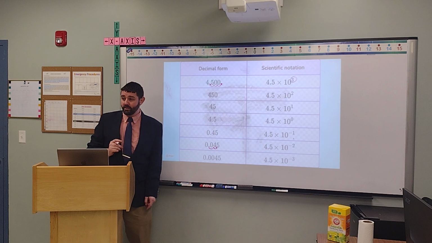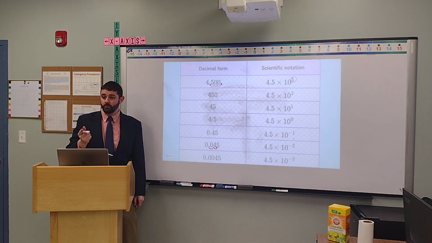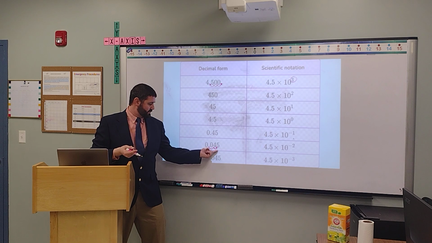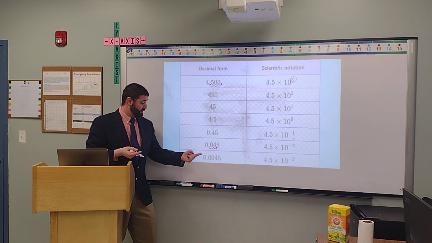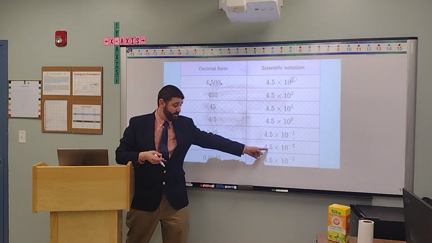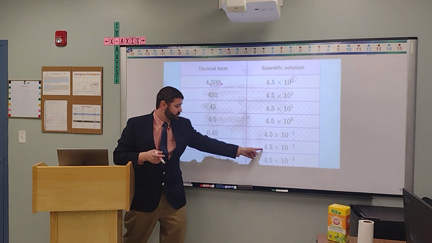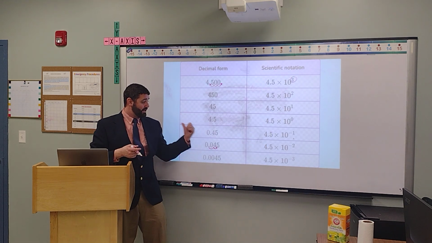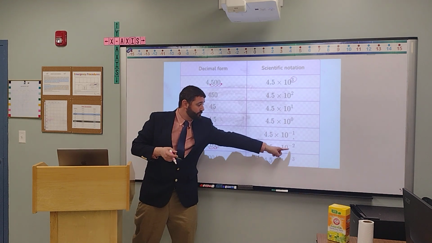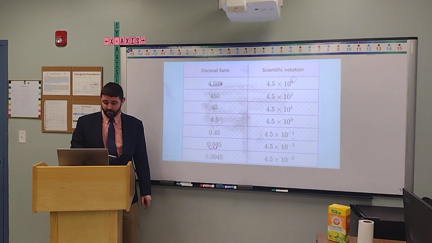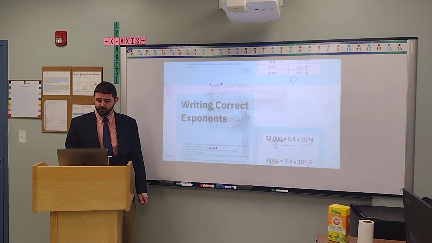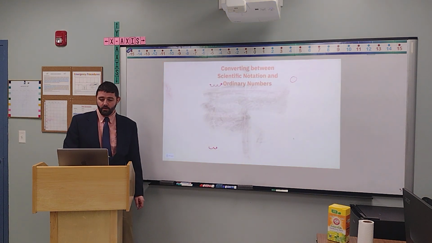How many places do we move the decimal this time? 2, yeah. And since this number is smaller than 1, or another way to think about it is if we were going from scientific notation to decimal form, we would move the decimal back 2 places to the left, we get a negative 2 exponent. Right? Good job, guys.